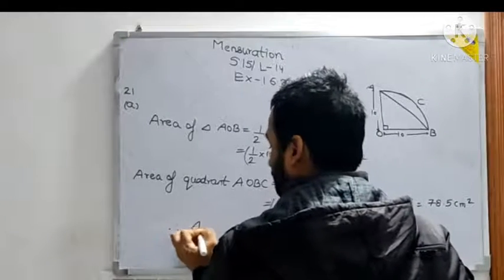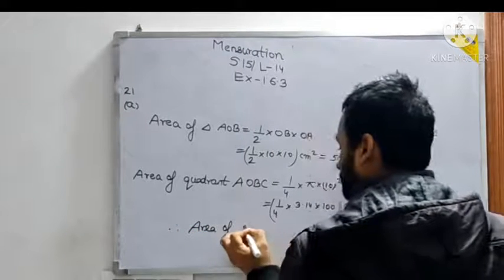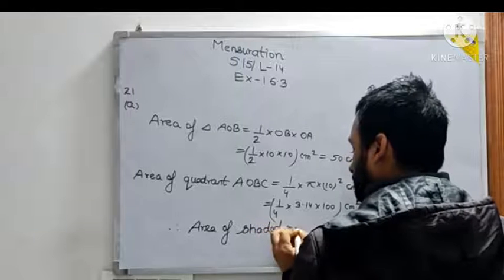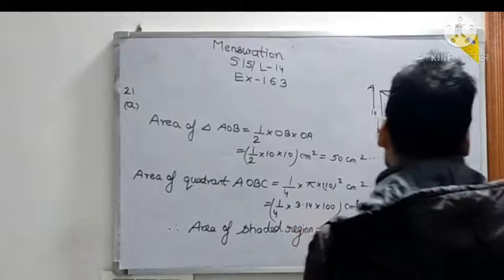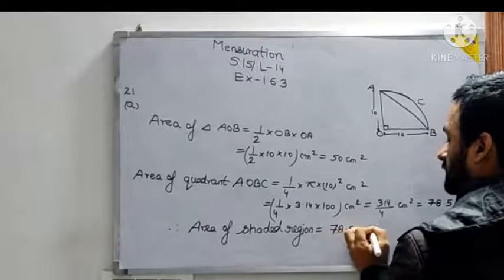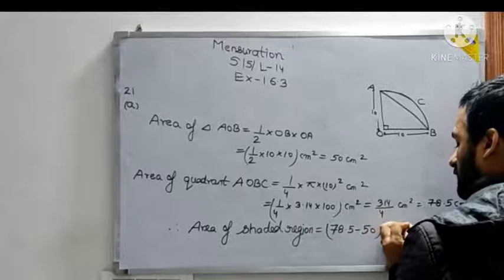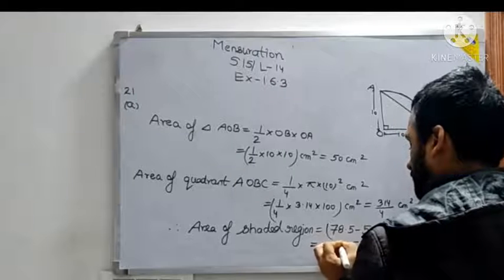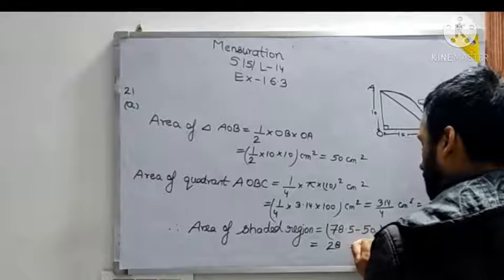Therefore, area of shaded region is equal to how much? So 78.5 minus 50 centimeter square, that means 0.5, 8 minus 0 is 8, 7 minus 5 is 2, so 28.5 centimeter square.